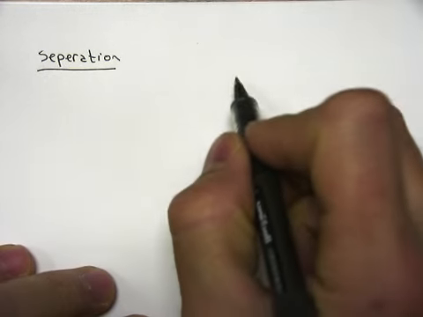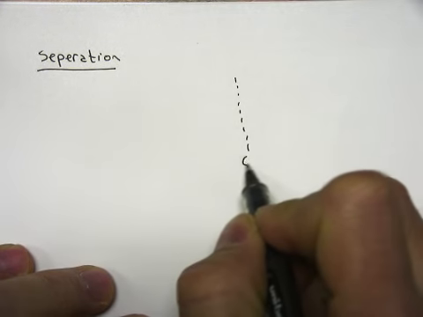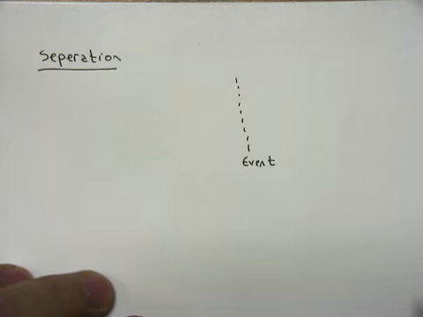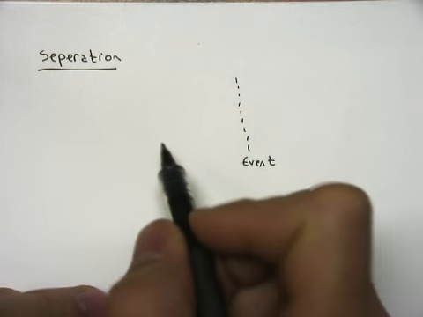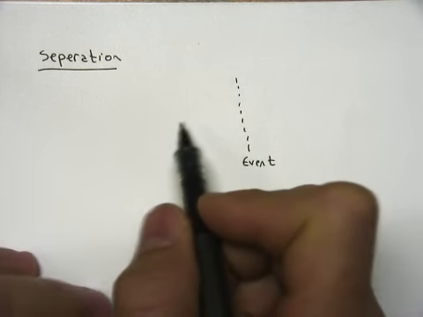Separations are exactly the same as collisions, except in a separation you have the event still, and you're going to have something moving in opposite directions.